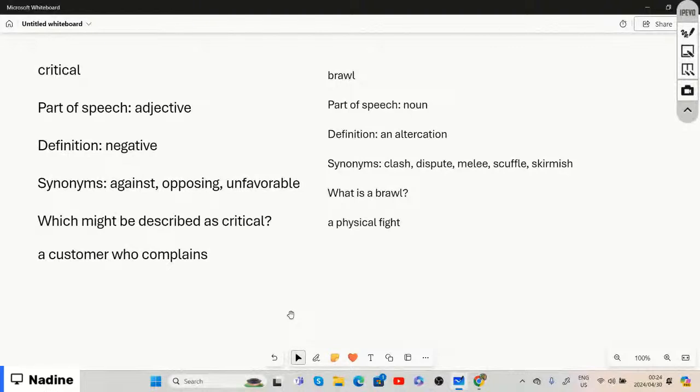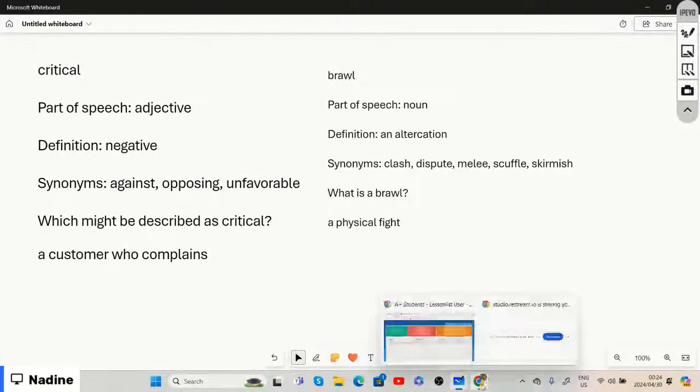All right. So now, when it comes to a brawl, synonyms of a brawl are clash, dispute, melee, scuffle, or skirmish. Right? Those are other words than the word brawl. And what is a brawl? A brawl is a physical fight.